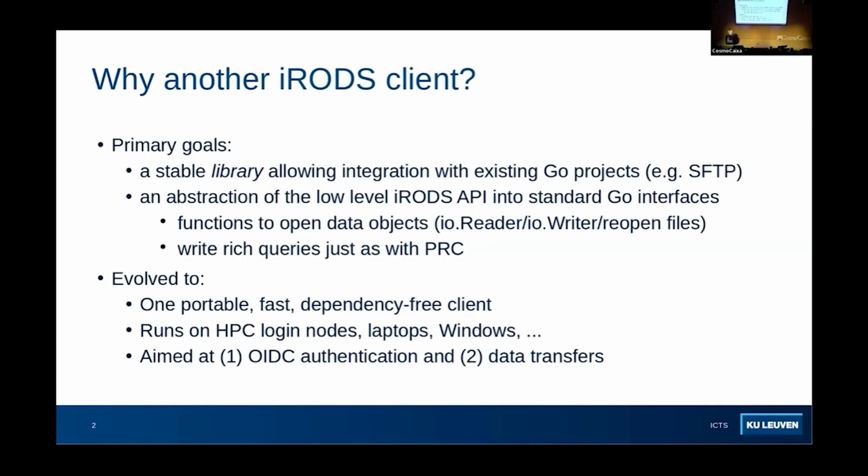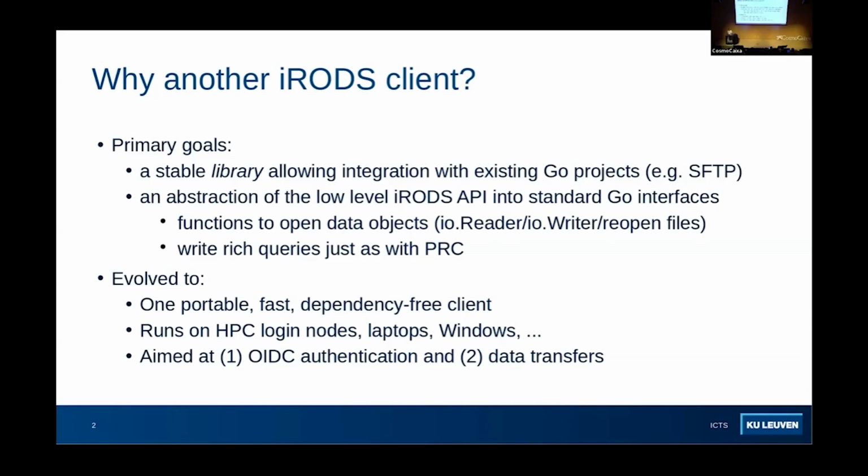The second goal was to abstract a bit of the iRODS API calls into what I call standard Go interfaces, standard ways to work with objects in Go, which means that there would be functions to open a data object as an IO reader interface in Go.